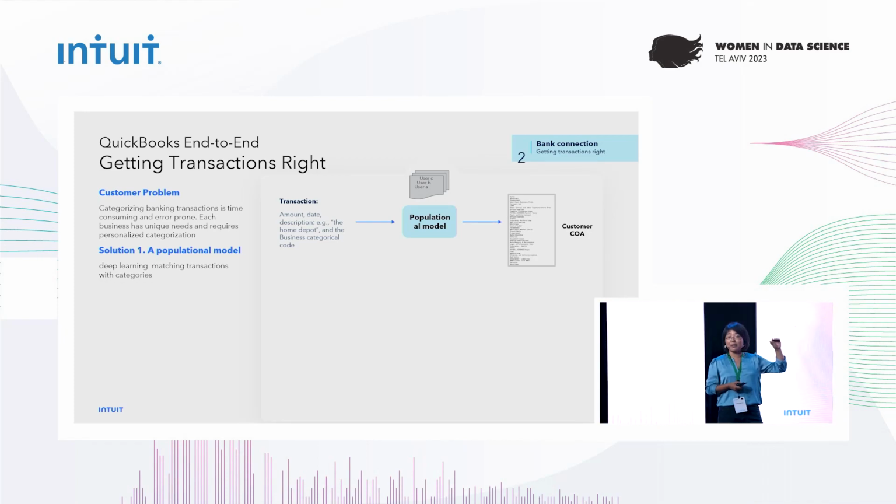To tackle this problem, we devised a three-layered approach, and I'll walk you through it one by one. The first thing is a population model. What is a population model?